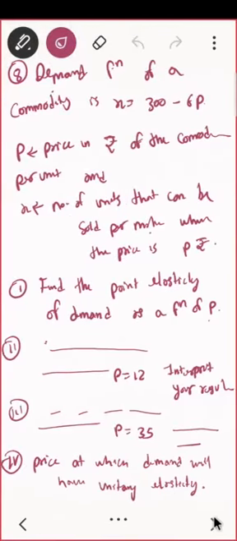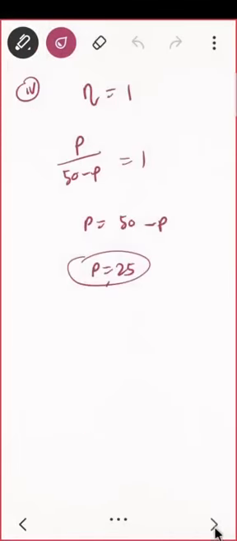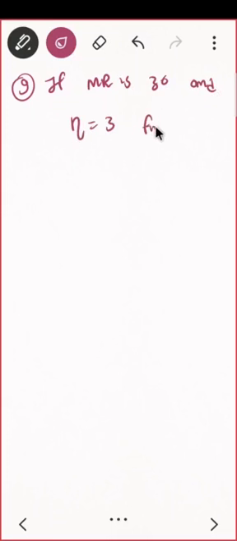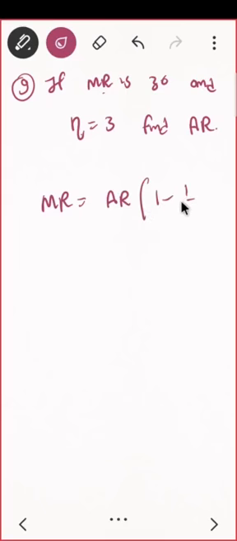This was question number 8. Let us quickly take a simple one, 9th. If MR is 30 and nu is 3, find ER. Do you remember the relation we gave between MR, nu and ER? MR equal to ER into 1 minus 1 upon nu.